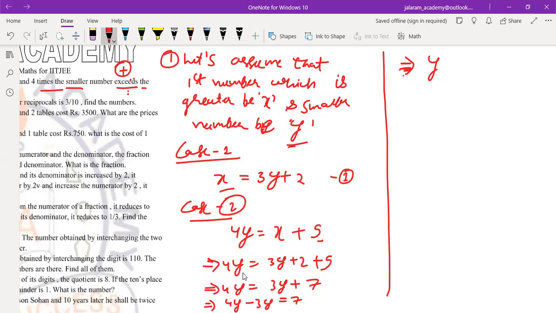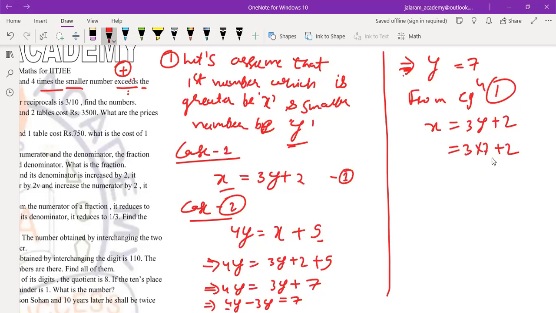These are the connectors which connect the previous line with the next line. So y equals 7, and from equation 1 we can get the value of x also, which is 3y plus 2. So it is 3 into the value of y, 7, plus 2. 3 sevens are 21 plus 2 equals 23. So x equals 23.